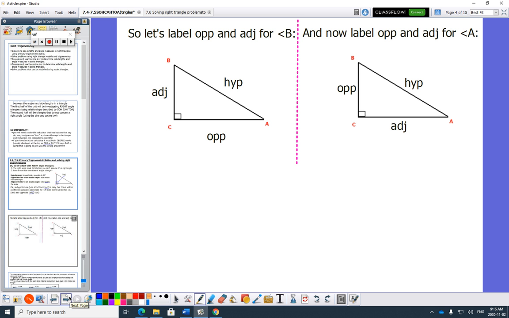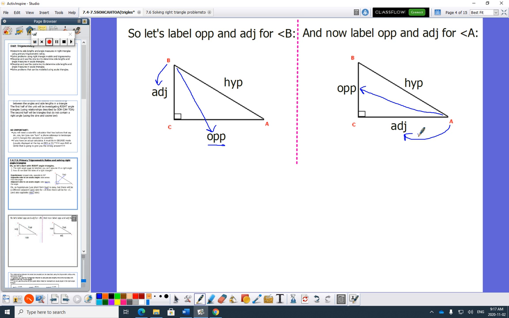So now when you have angle B, this side here is opposite, and the side next to it we call adjacent. Whereas angle A, this side is opposite, and that side is adjacent.